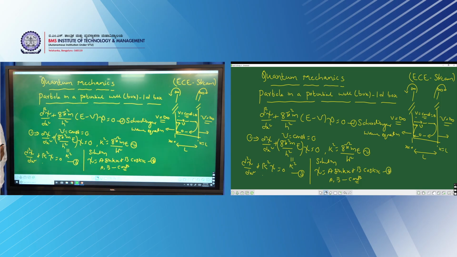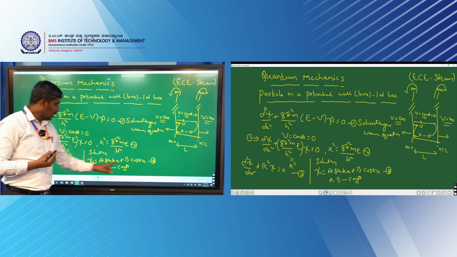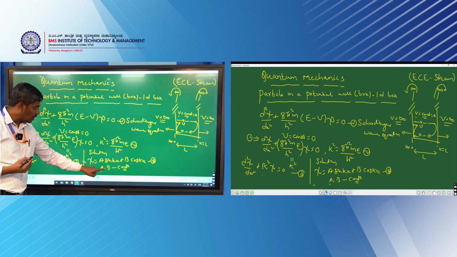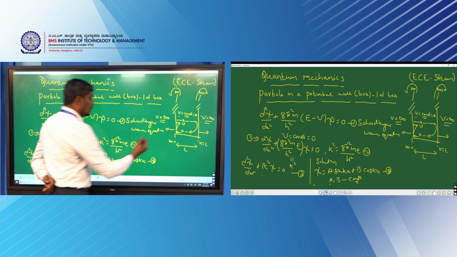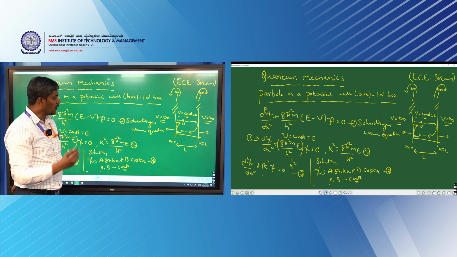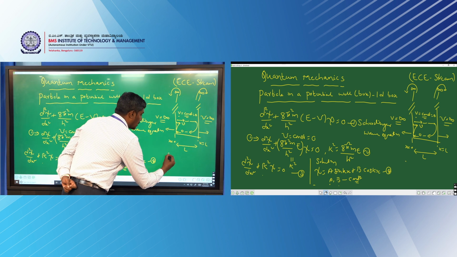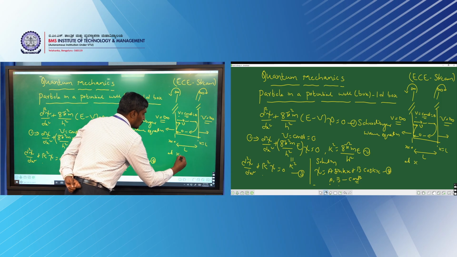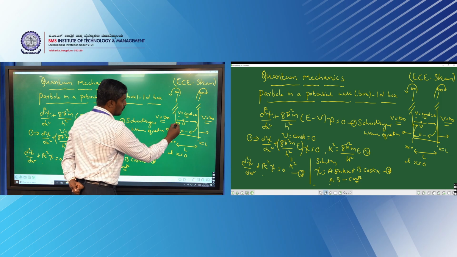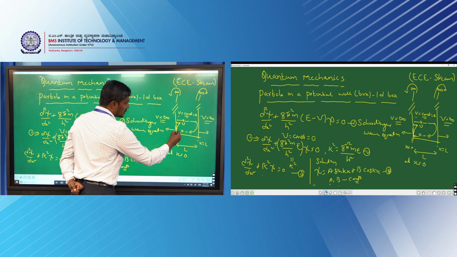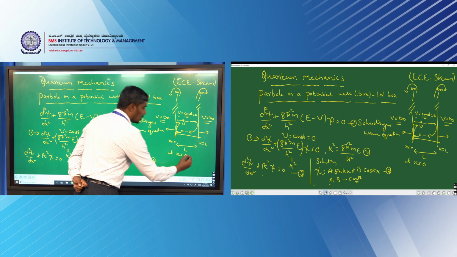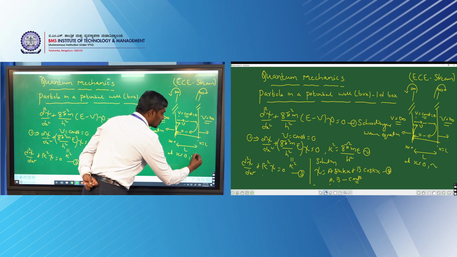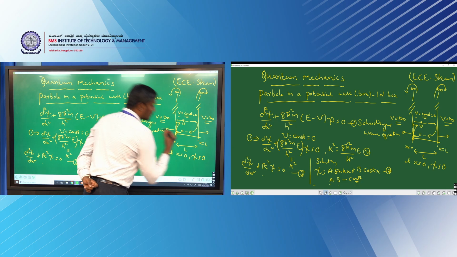Now we are going to apply the boundary conditions to equation number 4 in order to get the values of A and B. To understand the boundary conditions, look at the diagram of the potential well. At x is equal to 0, which is this end, since the particle cannot be on that side, the wave function psi is equal to 0.